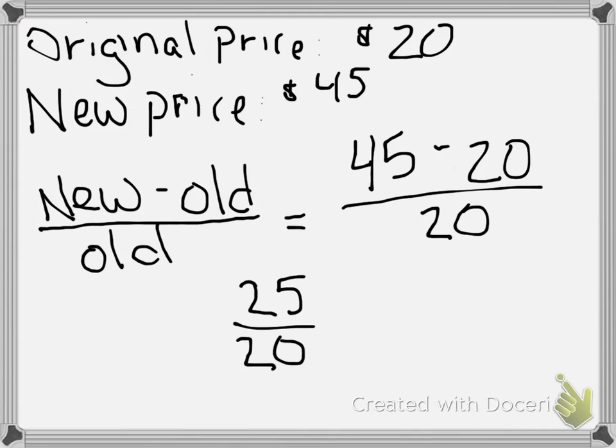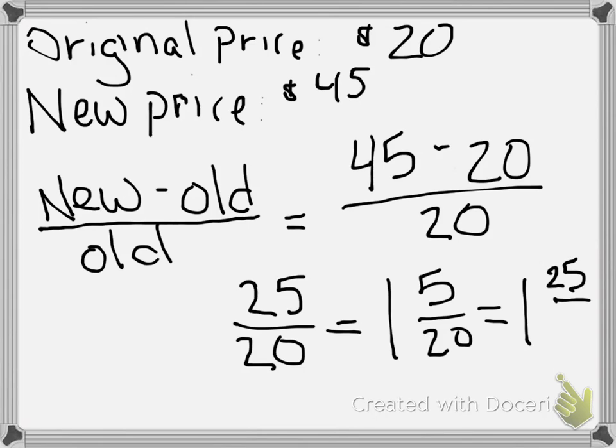So here, it could look like we would have something like 1 5/20. In order to get that to 100, we would multiply by 5, so it would be 1, and if we multiply by 5, 25 100ths, right?